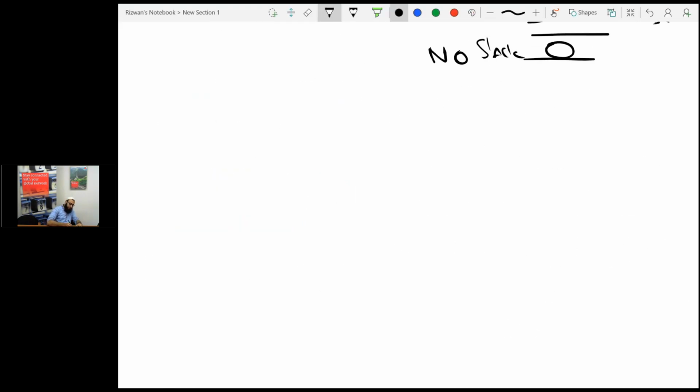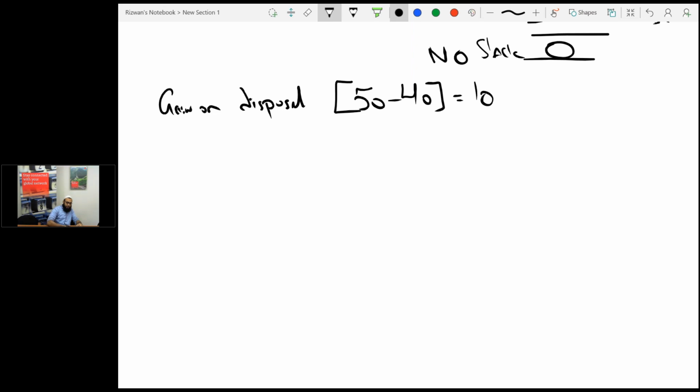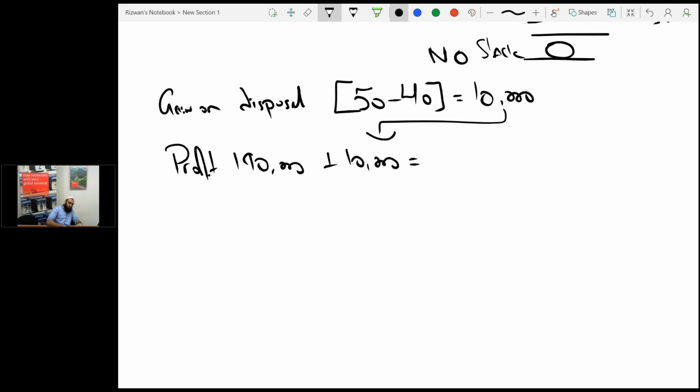First of all, gain on disposal: 50 minus 40 is 10,000. So profit of 190 will include the 10,000 gain on disposal to make profit 200,000.